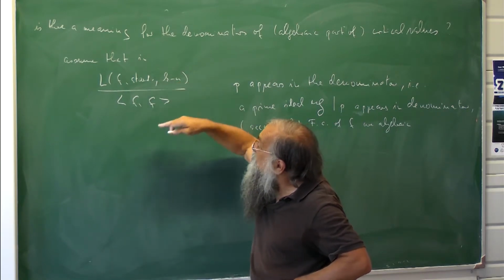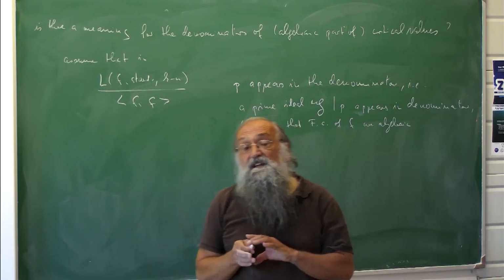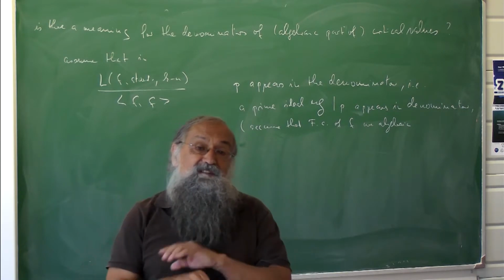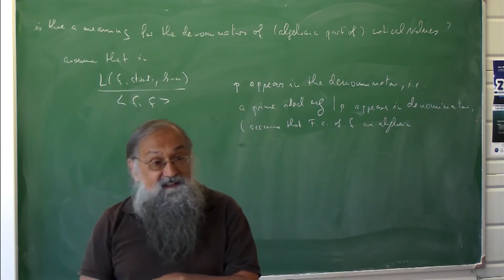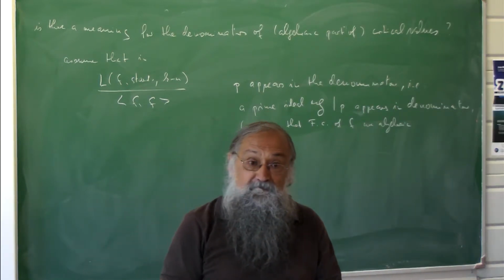But to speak about the denominator, we still have to normalize f. And this is something we never talked about. I should have mentioned this right in the first lecture. It is a problem to normalize Siegel modular forms because there is no first Fourier coefficient.